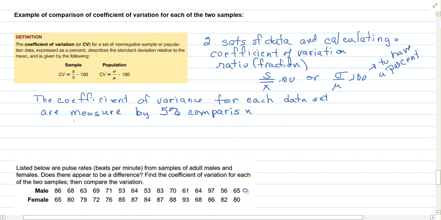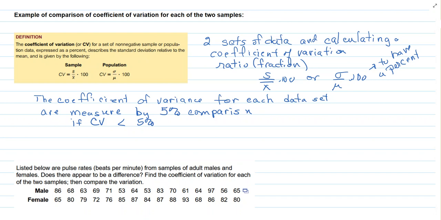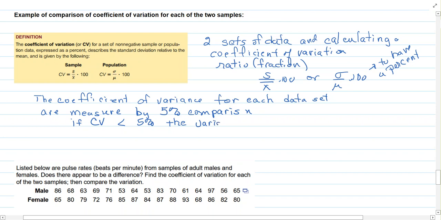So if the coefficient, and I'm going to use CV, the coefficient of variance, is less than 5%, if the data sets are less than 5%, the variance is of low significance.